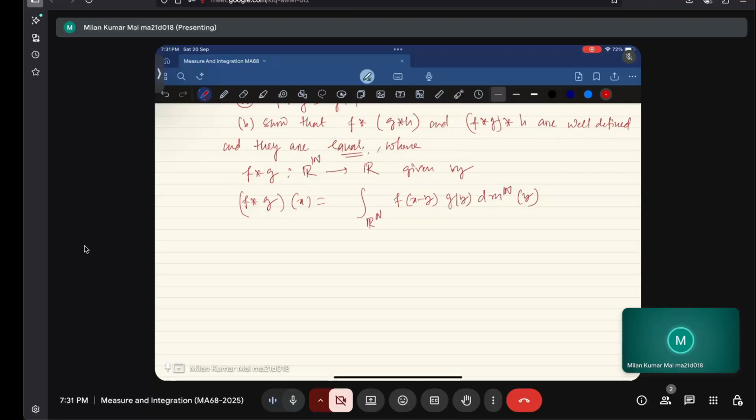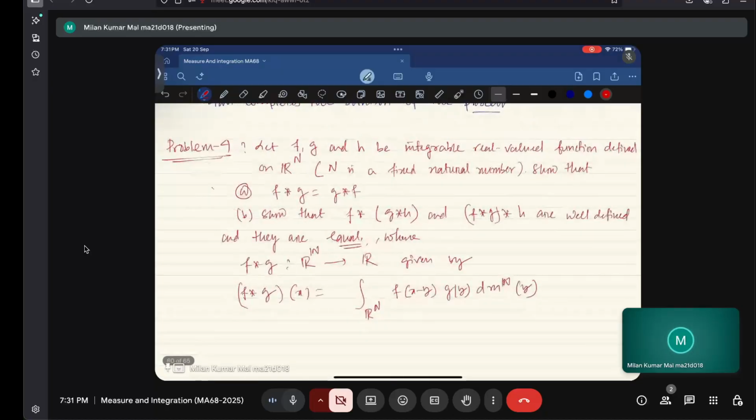So f star g is actually called convolution. The first thing to prove is that if we consider convolution as a product on the set of all integrable functions, then that product is commutative. One can give the product as the pointwise product, or the composition.